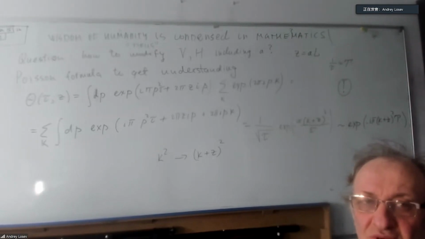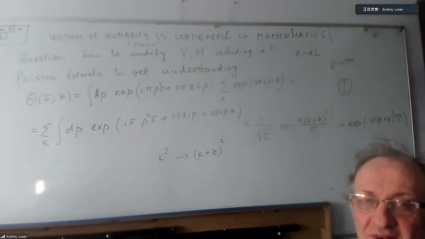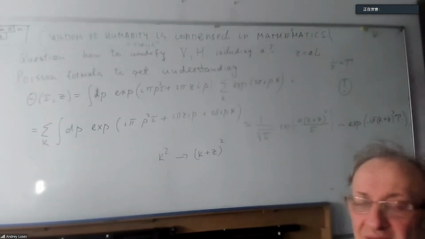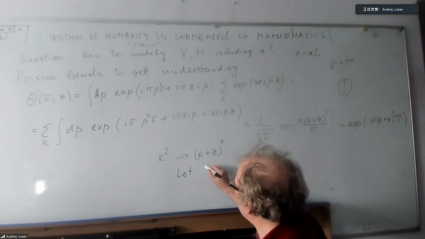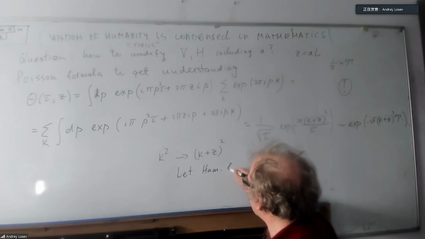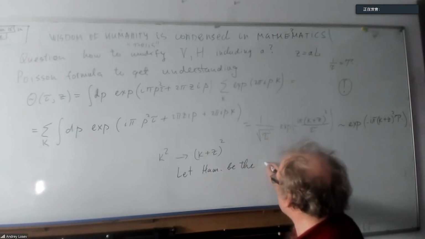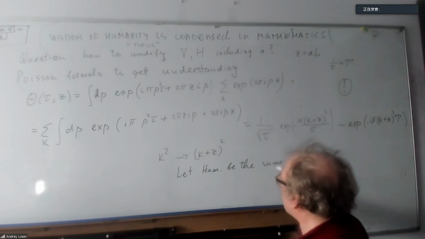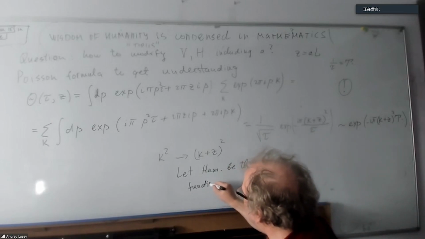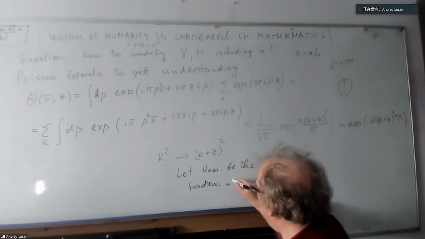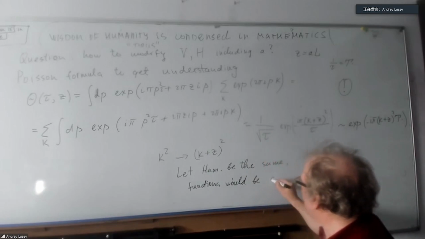So, interestingly enough, Bitcoiner was faster. He said, look, let the Hamiltonian be the same. However, functions would be quasi-periodic.